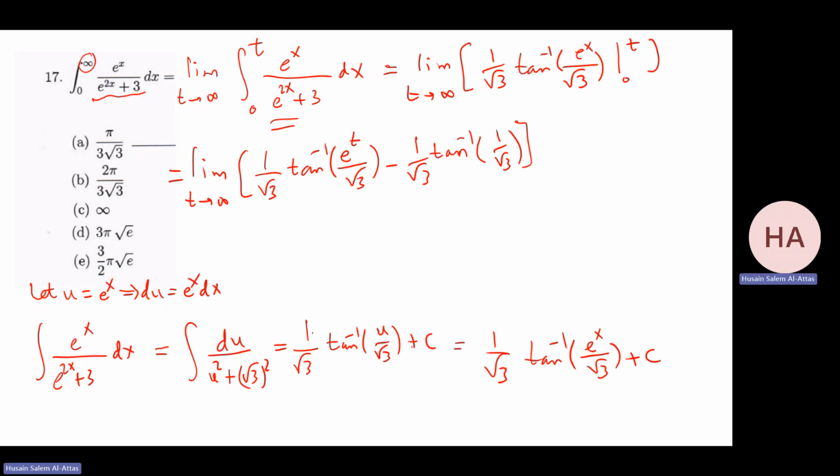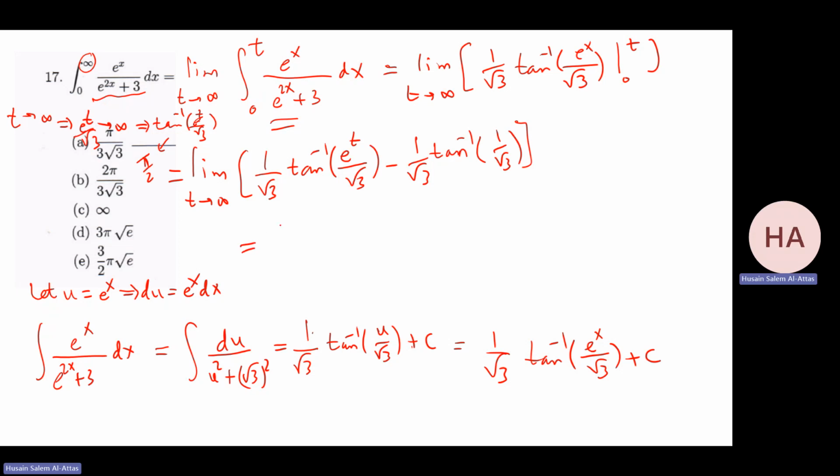Okay. Now, if t goes to infinity, then e to the power t goes to infinity. What will e to the power t over square root of 3 be? That will not make a difference. Then tan inverse of e to the power t over square root of 3 will go to pi over 2.